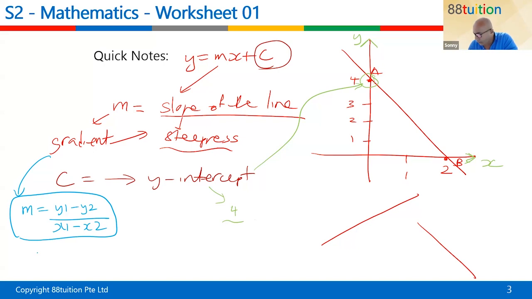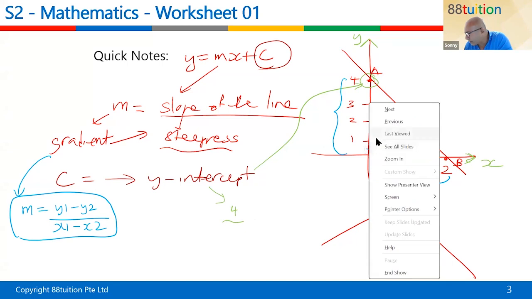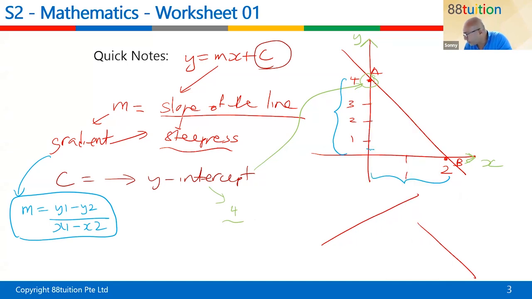There's another way to find gradient. I'll highlight, okay? There's another way. Basically, the shortcut: if the slope forms a right angle triangle, the slope cuts the x-axis at 2, cuts the y-axis at 4, and it forms a right angle triangle, right?